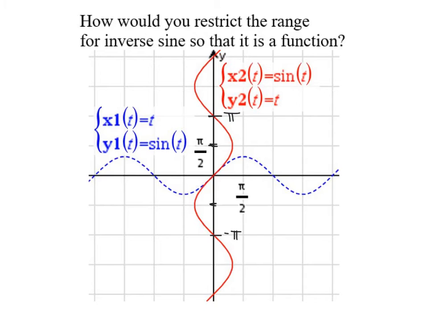I have another prompt for you. Here, of course, is the sine curve, and the inverse sine is looking like this. So how would you restrict the range of this red function so that it is a function using our guidelines?